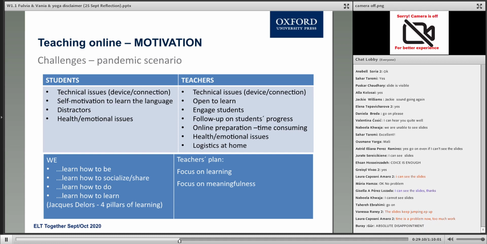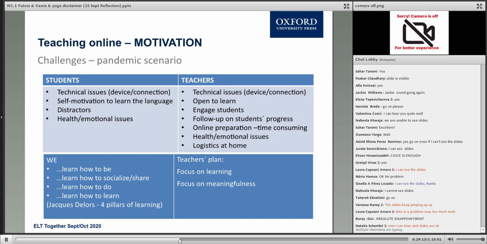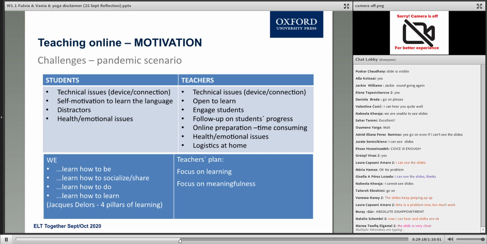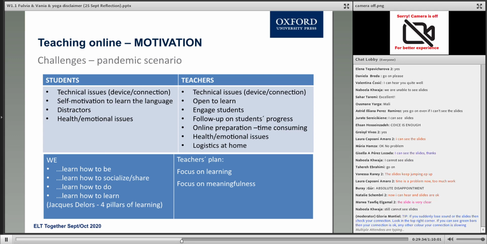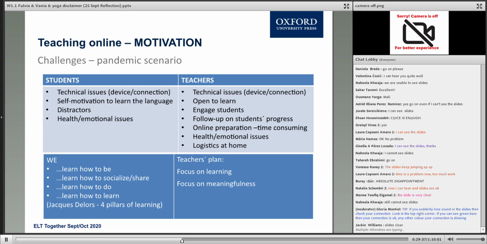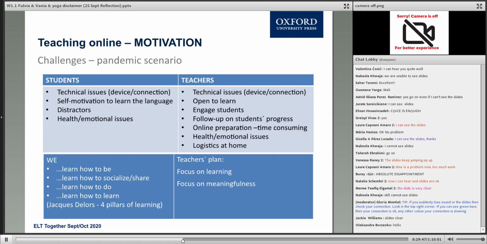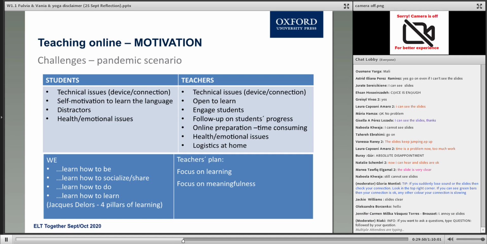Well, at school, most of us have focused on teaching students how to be, how to socialize, how to do, how to learn. And we have really had to reinvent ourselves in this online environment. We have asked teachers to focus really on the learning and the meaningfulness of their classes, so that we could try to guarantee students' learning and engage them through meaningful activities and situations at home, online.